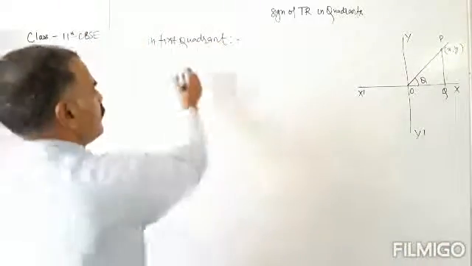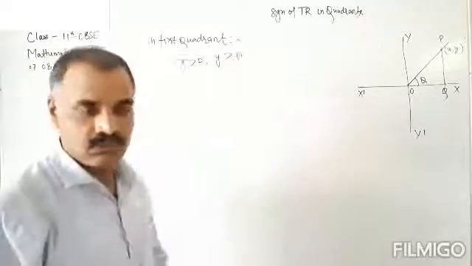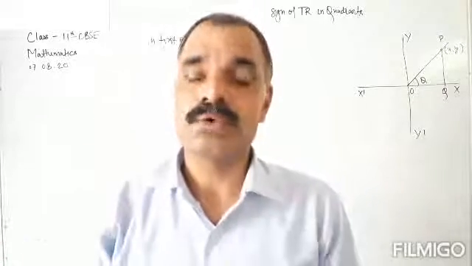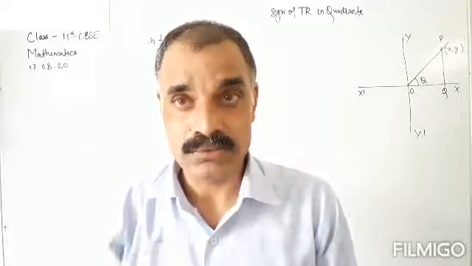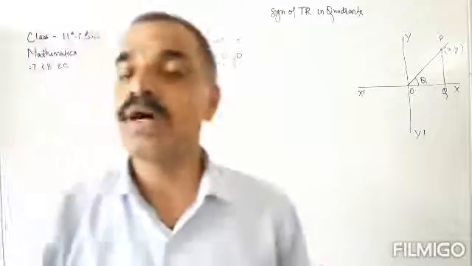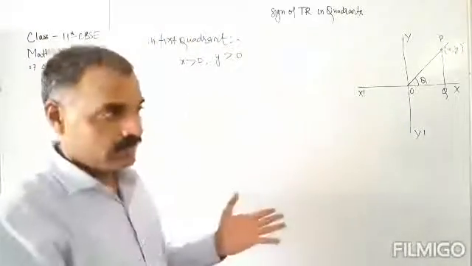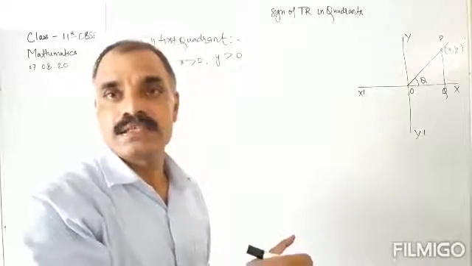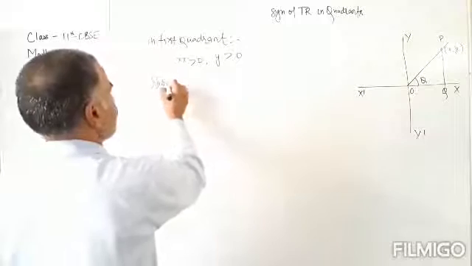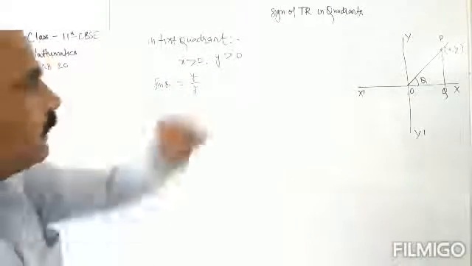And in first quadrant we know that x is greater than 0 and y is greater than 0. Okay, in first quadrant both the x coordinate as well as the y coordinate are positive, that is why x is greater than 0, y is greater than 0. Now we have recently discussed that sin theta is equal to y upon r.